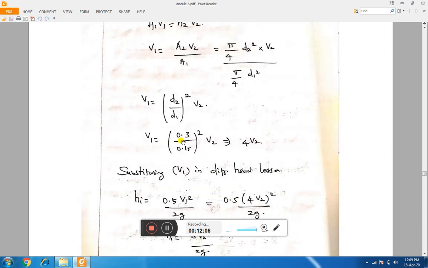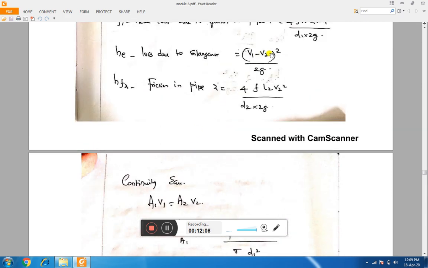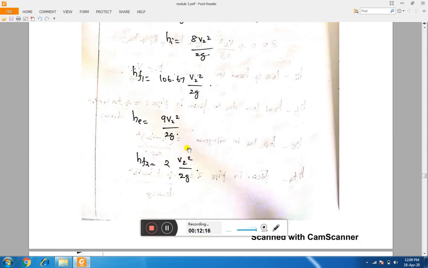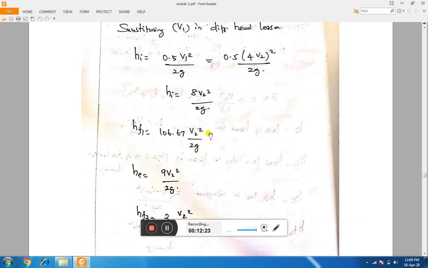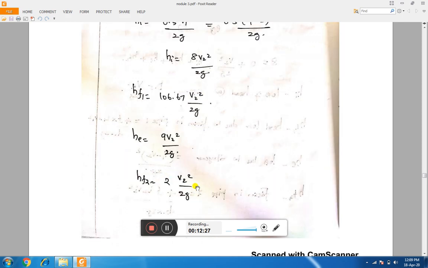Similarly he equals (V1 minus V2) square. V1 equals 4V2, 4V2 minus V2 is 3V2, so (3V2) whole square, 9V2 square by 2g. That is what is written here. Similarly hf2 equals 2V2 square by 2g. So if you see all these equations, only V2 square is prevailing.